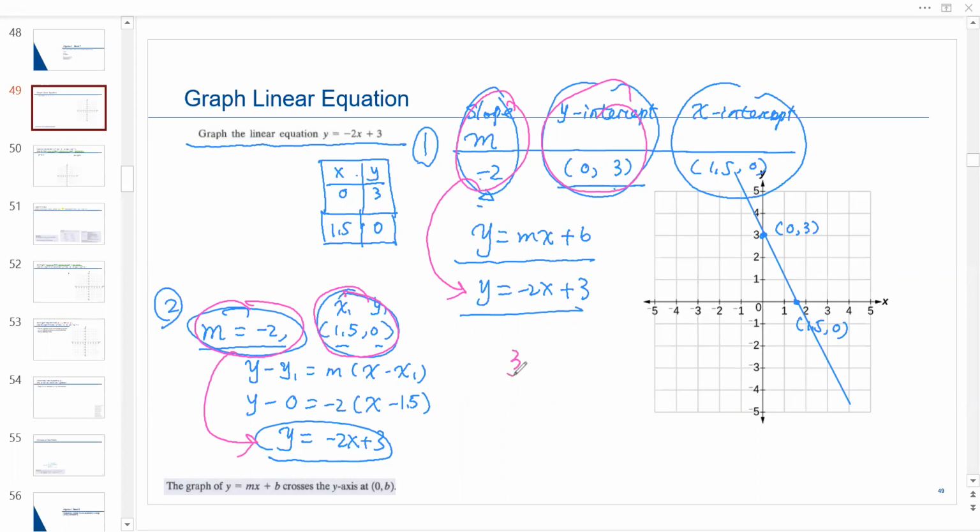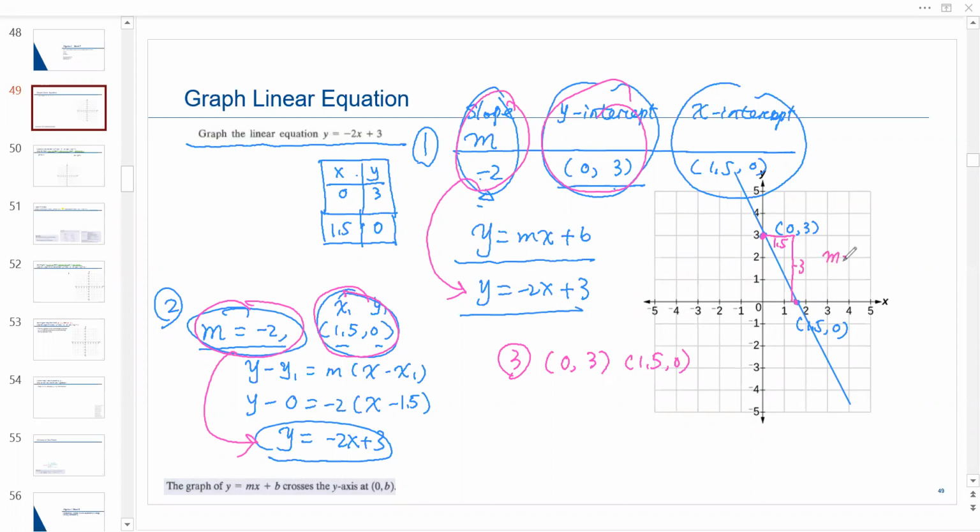So number 3: if they told you the line passes these two dots, what do we do? How do you find this linear line? That would be even easier. First, we find the slope. Moving from this dot to this dot, what does x change? X changes 1.5 units. What does y change? It changes 3 units down.